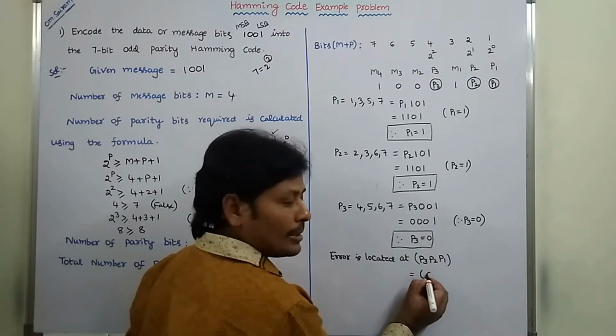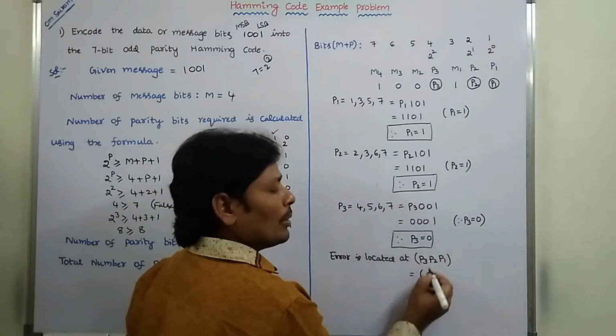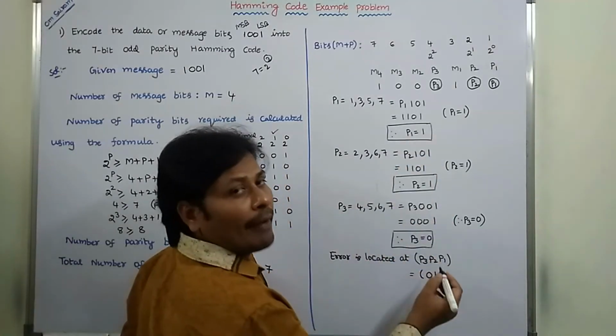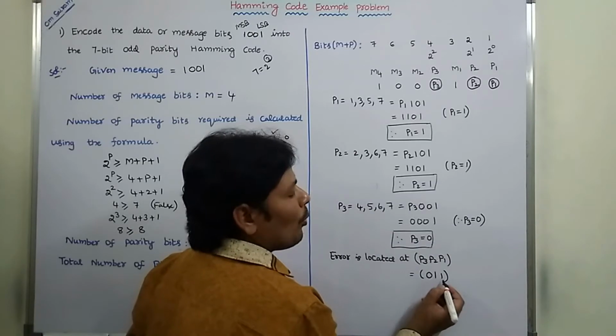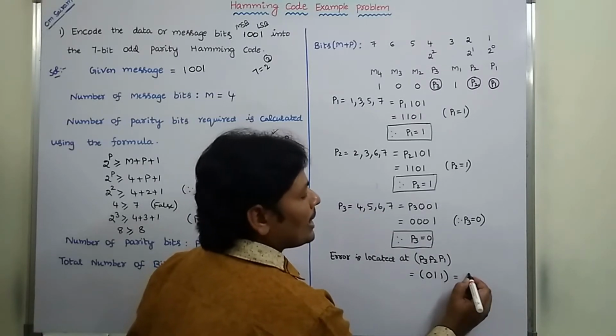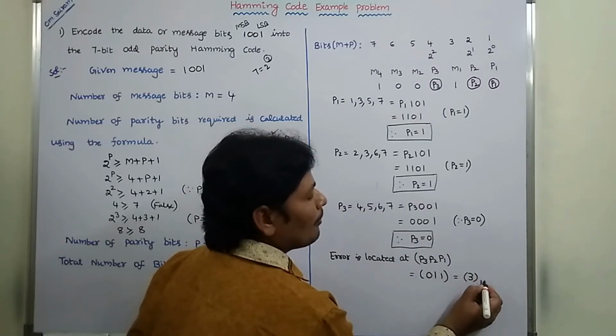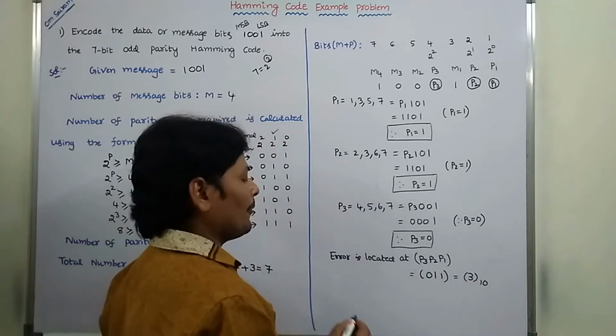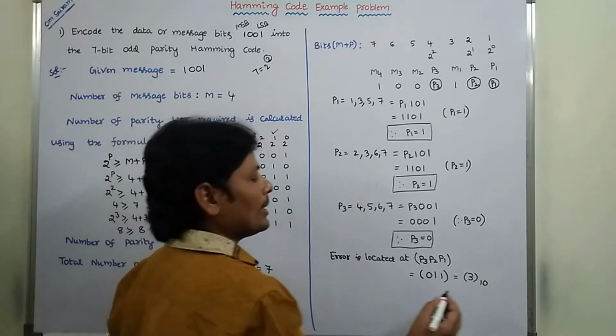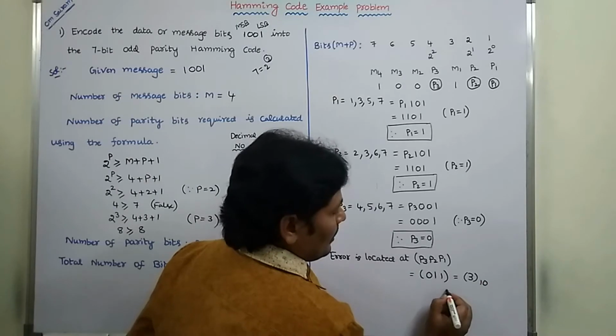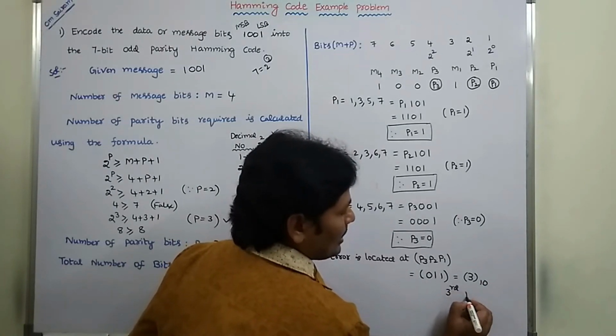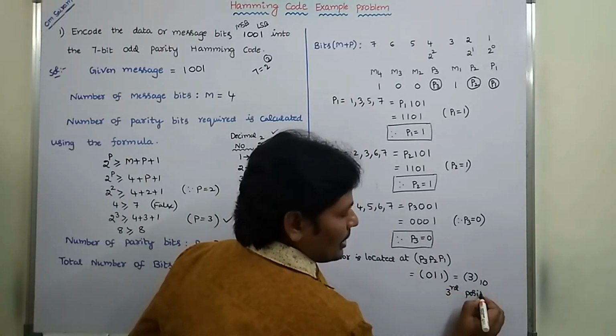P3 value is 0, P2 value is 1 and P1 value is 1. That is 0, 1, 1, whose decimal equivalent is 3 base 10. Therefore, the error is located at the third position.